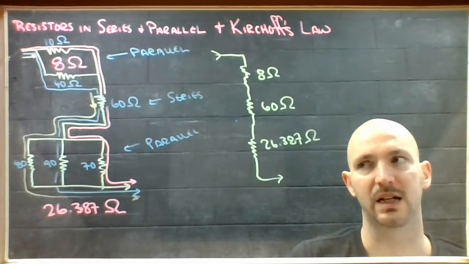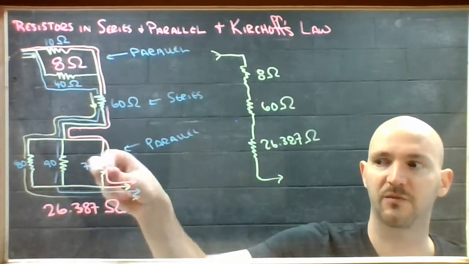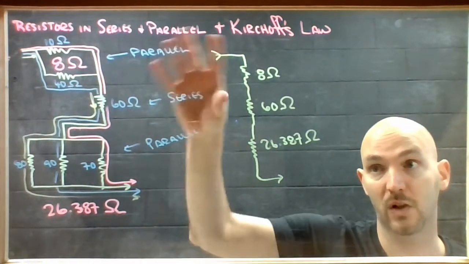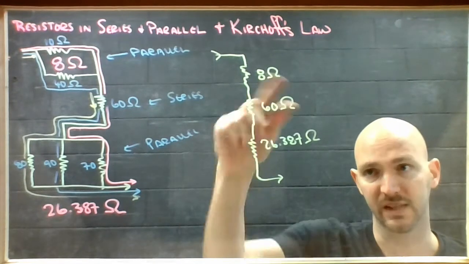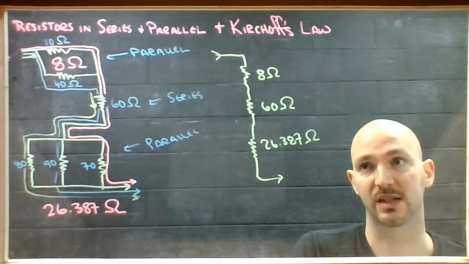Well, what I've done is I've collapsed all of my parallel structures and left all of the things that are in series still to figure out. So this is really easy, right? Things in series, you just add them together.